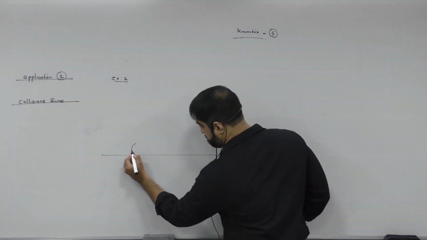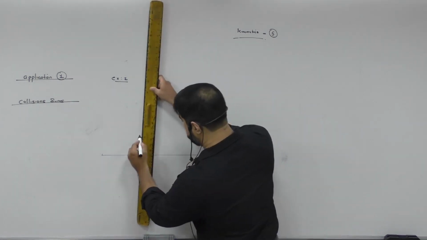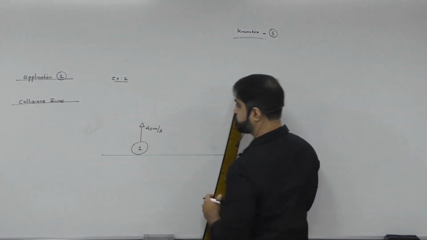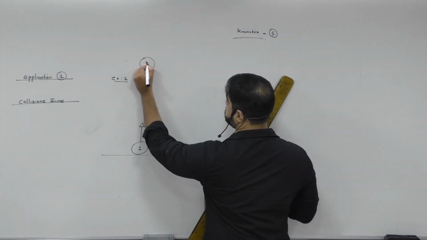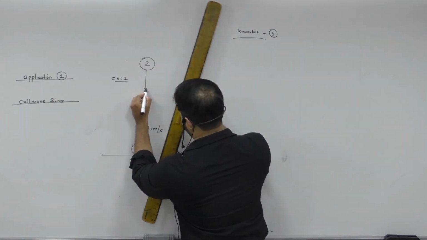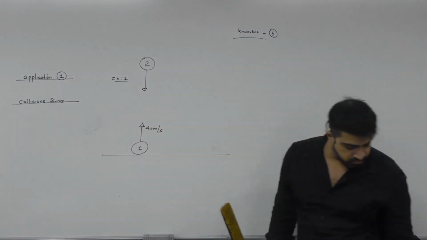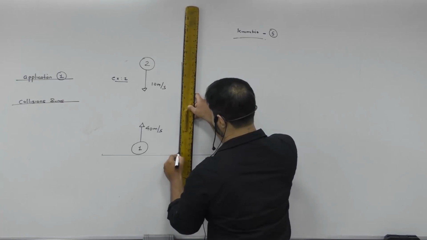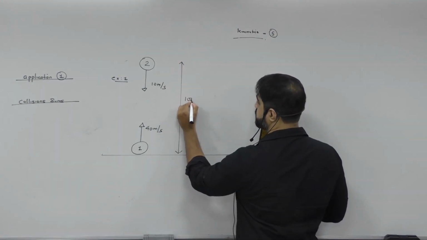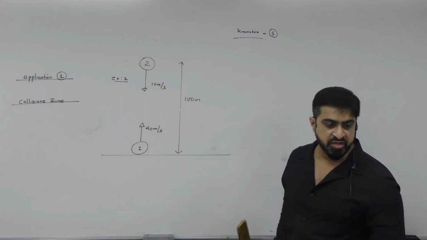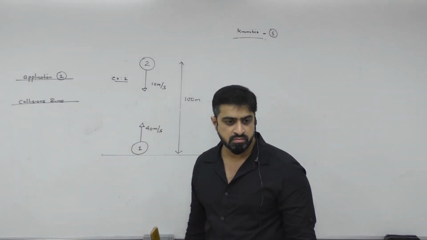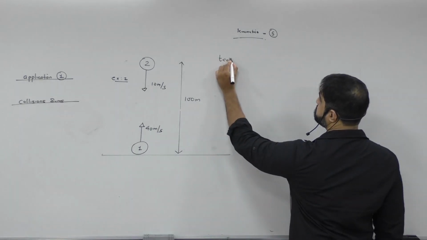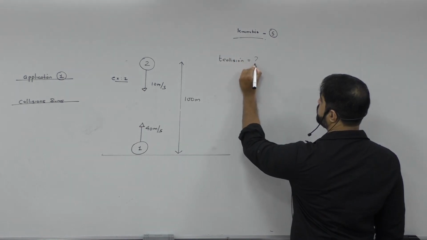There is a first body going up with 40, and a second body coming down with 10 meter per second. The distance between them is 100 meter. The question is, what is the time for collision? Find the time when they collide.